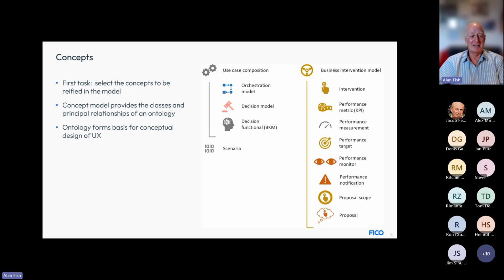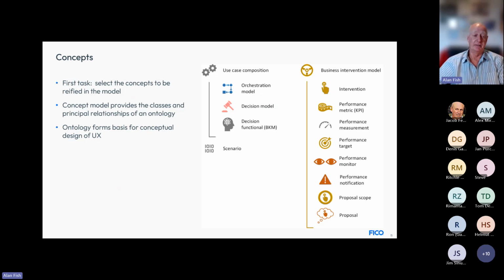The first task in creating any model framework is to decide which concepts need to be reified, which ones will form the objects in your database and your modeling tool. And you'll see that essentially what I've done here is to show you this set of concepts and the relationships between them. So that this concept model provides the classes and the principal relationships for an ontology.